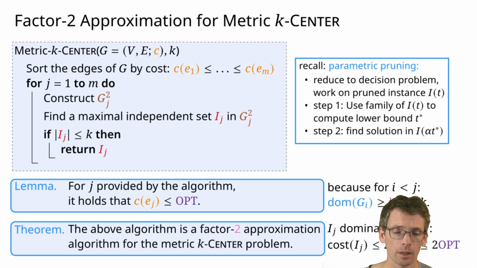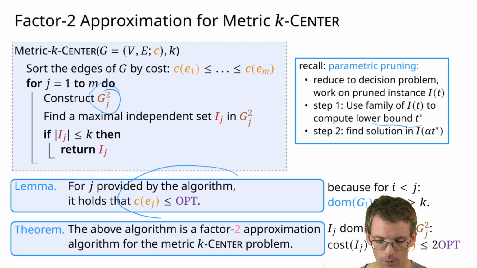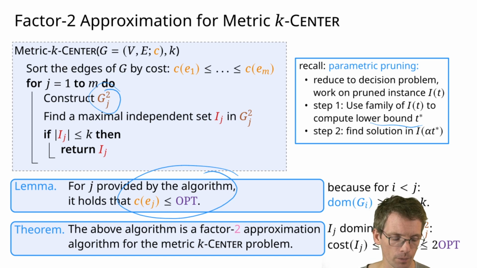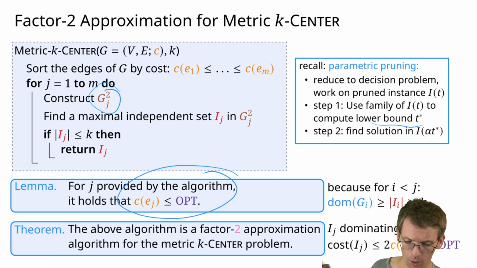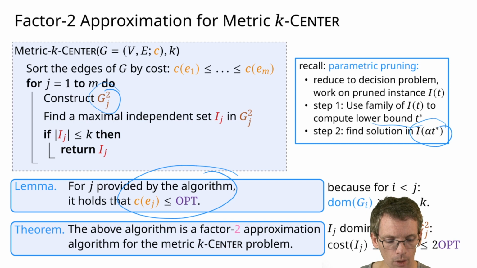The pruned instance here was Gj, and actually we then worked on a derivation of that, Gj squared. We use that to derive a lower bound. This is what happened in this lemma. And then this lower bound, in combination with a solution which is at most a factor alpha larger than this lower bound, which is this solution here, gives us our alpha approximation.